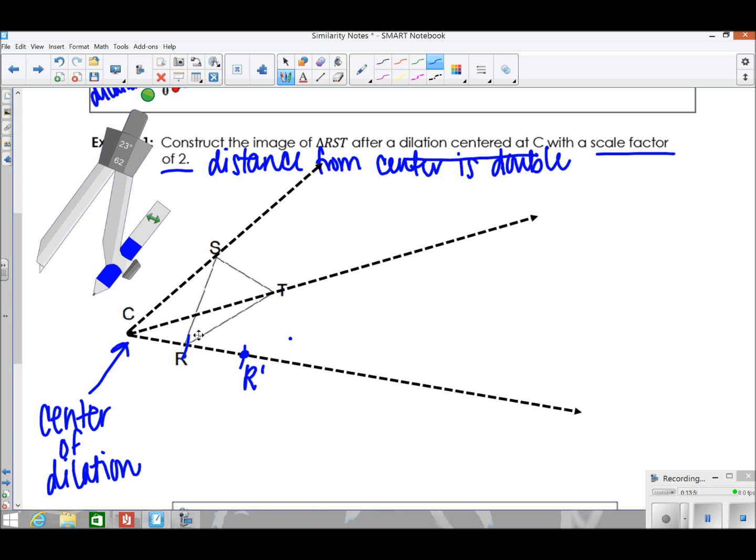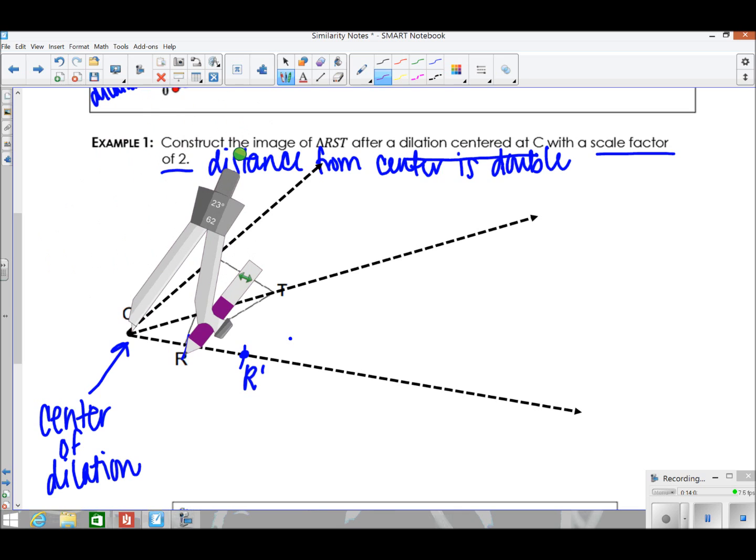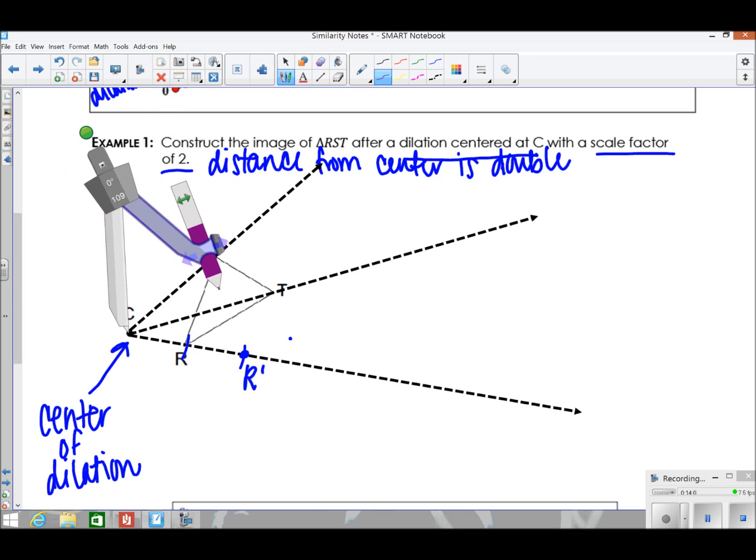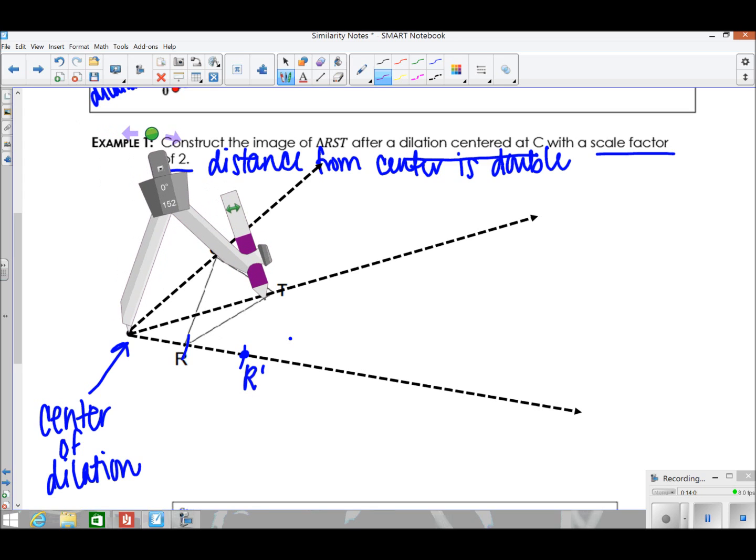Then we repeat the process. If you didn't see that one, watch the next one here. I'm going to go from C, everything's from that center. Now I'm going to measure to T. Again, I'm just going to put an arc there to represent I've measured it, and I also need that arc so that I know where to place the pointed part of the compass.